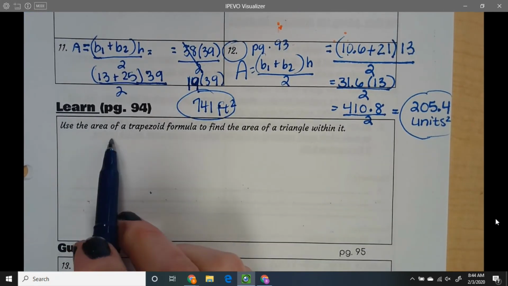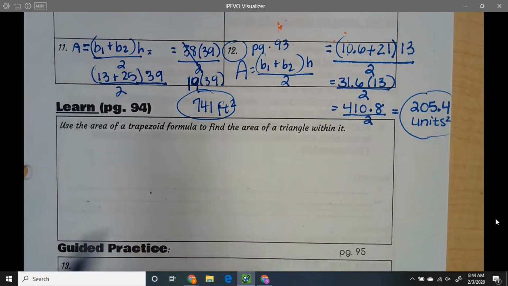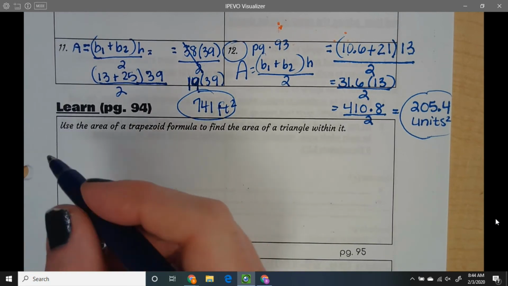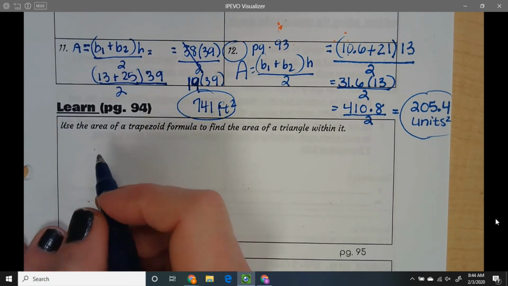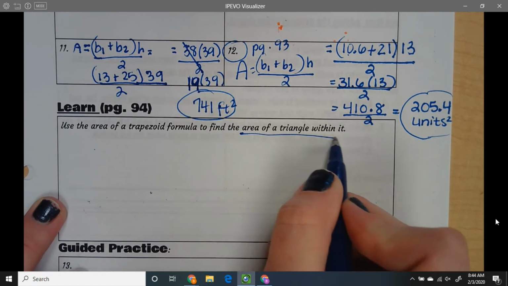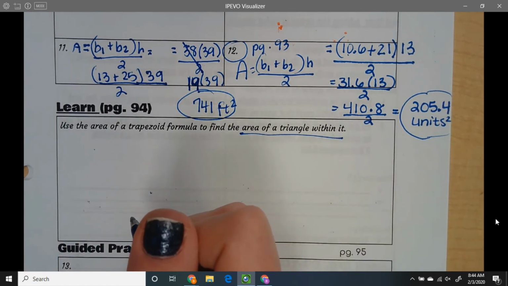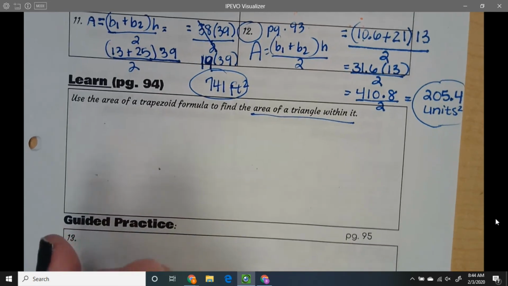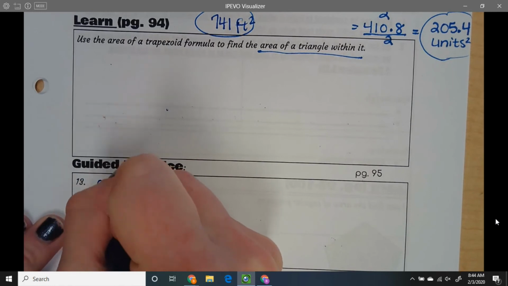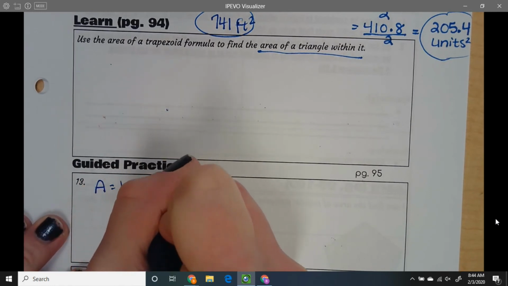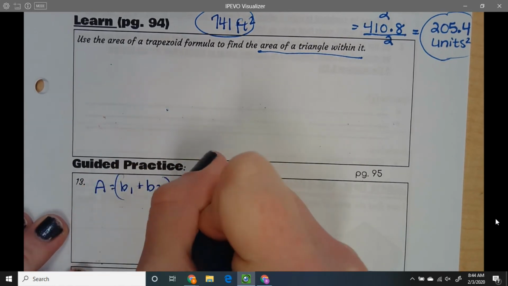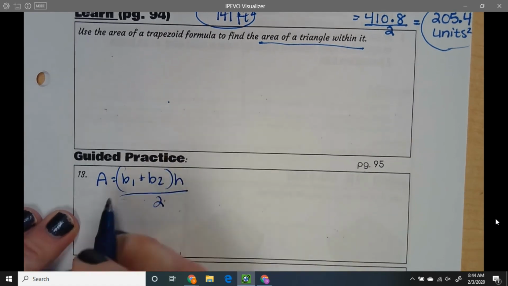Okay, and then you can also work from the big idea and go in and get smaller. And so you can find the area of a triangle within it if you're given the area of a trapezoid. So that would look like number 13 on the guided practice. So they're giving us the area of the trapezoid. So you would write down the formula and then fill in what you know.